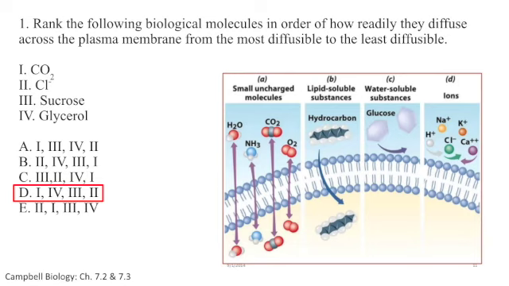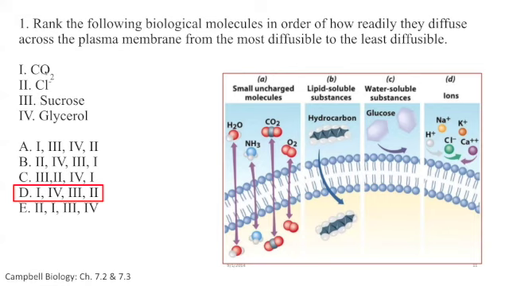So sucrose then, right, is actually a pretty big molecule. But it's not charged, so it'll be transported at the same rate as something like a chloride ion. So then, with that in mind, since we're ranking from most diffusible to least, CO2 will be the most, right?